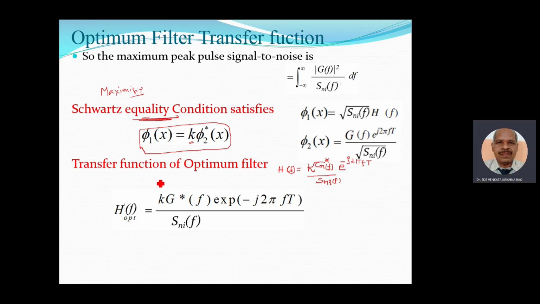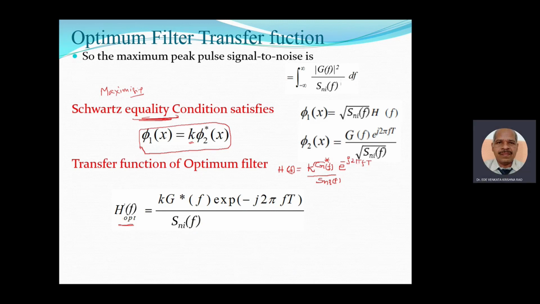So the optimum transfer function, where the equality condition satisfies the maximized condition and gives maximized output, can be written as k g star of f e power minus j2 pi f t divided by Sn of f. This is the transfer function.